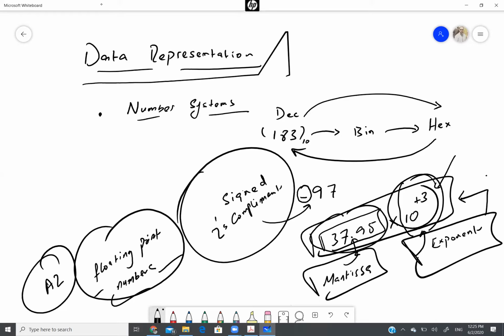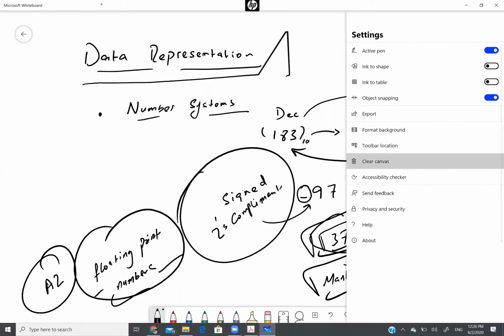That's the target of today's class. And there are lots of nitty-gritty details, like how to represent the largest number and the smallest number, including the exponent, in this number of bit registers.